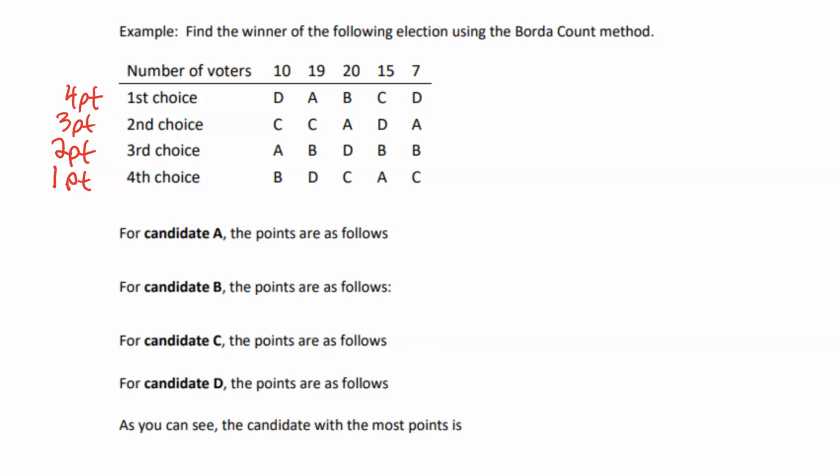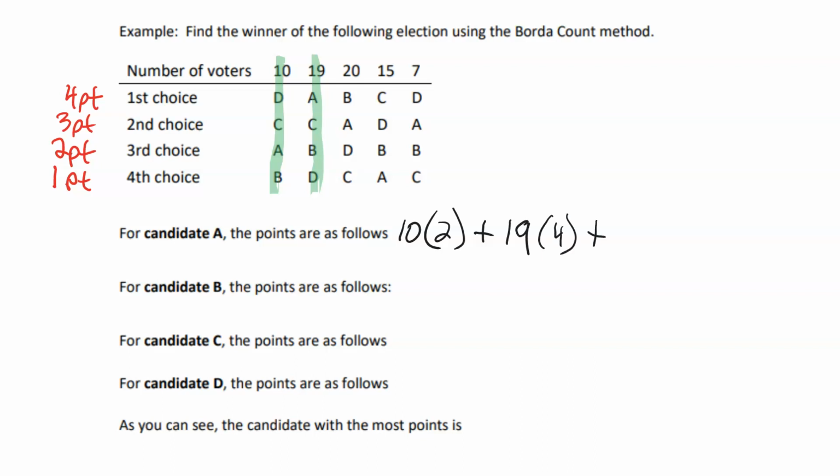So for candidate A, we go through by columns, accounting for each person's vote. For candidate A, we have the 10 votes, and they're all having A in third choice, which is worth 2 points each. We move on to the next column. Those 19 votes are each worth, for candidate A, 4 points each, since they're first place votes.